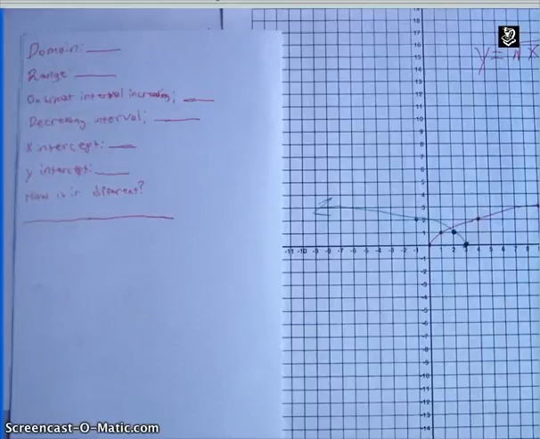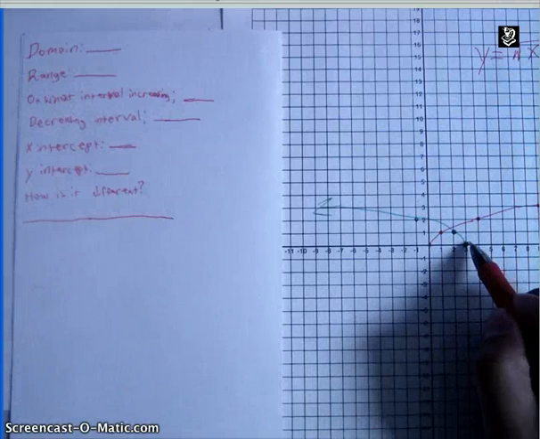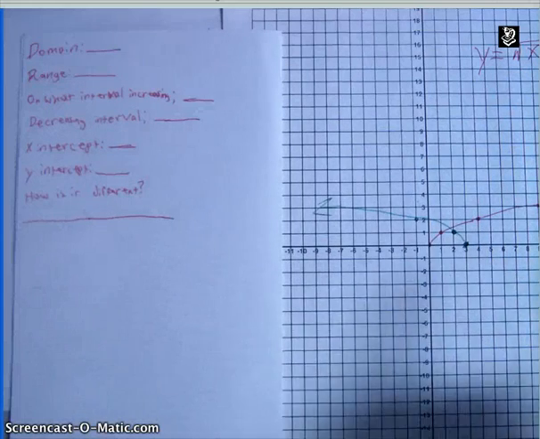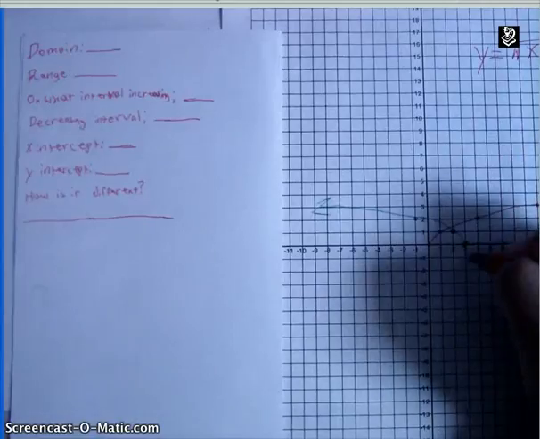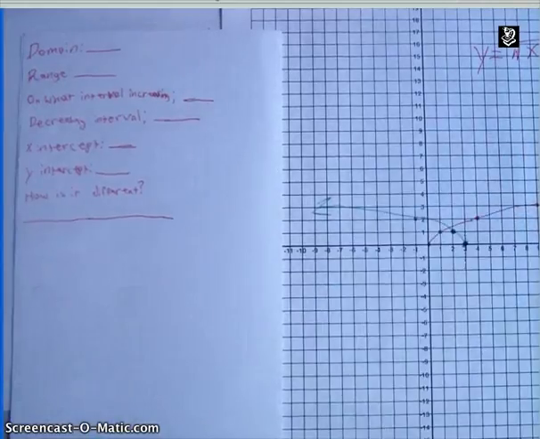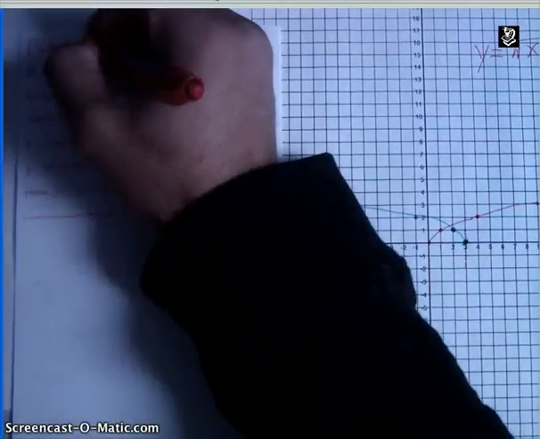Domain is the x values that can go into our graph. Notice that my x's go from left to right. So we have a stopping point of our x's right here for our graph that's in green here. Notice, well, that one can be included, so we know we need a square bracket.